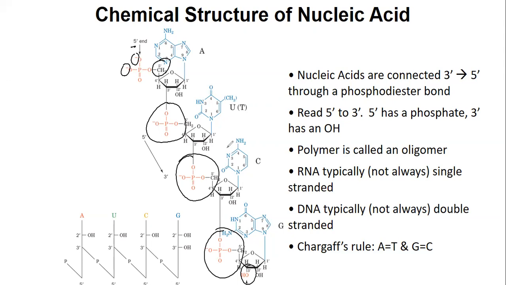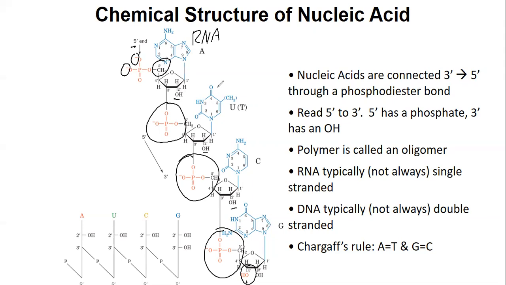RNA is usually going to be single-stranded, not always, but usually. DNA is usually going to be double-stranded, not always. Here, we're looking at RNA because the hydroxyl is there. So this is RNA. And when talking about DNA, remember Chargaff's rule from general biology.